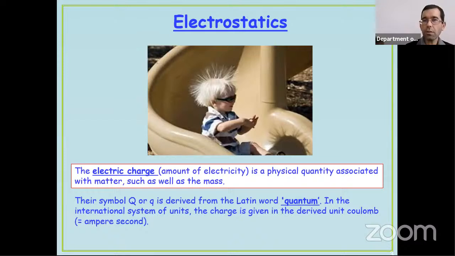So, what should we know about electrostatics? Here we have to start with the concept of electric charge, and it goes back in time to the ancient Greek people. They already had some concept about electricity. They realized that if they rub some resin-like materials, then it might attract small pieces of, for example, feathers.